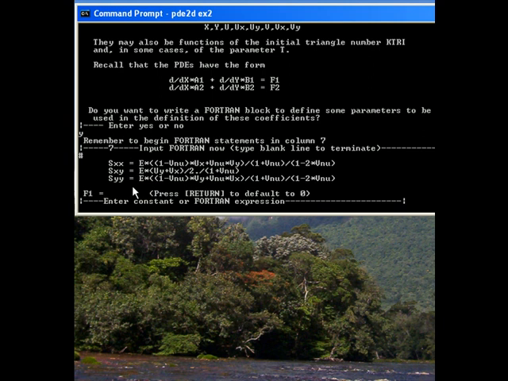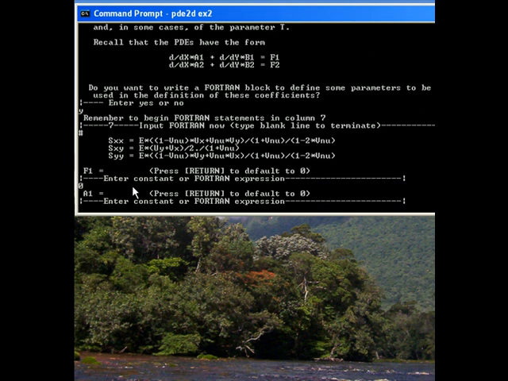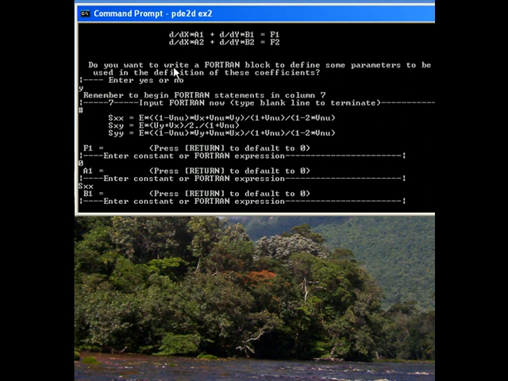Now, F1, as we said, is 0. A1 is just sxx. Remember, the equation is the derivative with respect to x of sigma xx plus the derivative with respect to y of sigma xy equals F1, and so forth. And so A11 is just sxx. B1 is sxy.